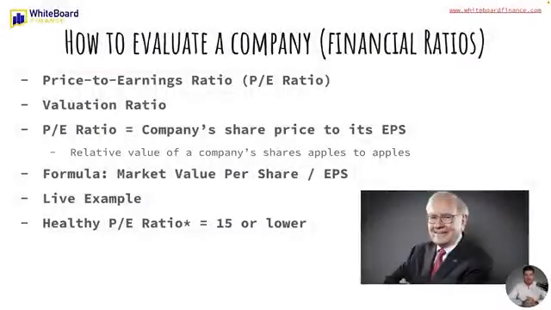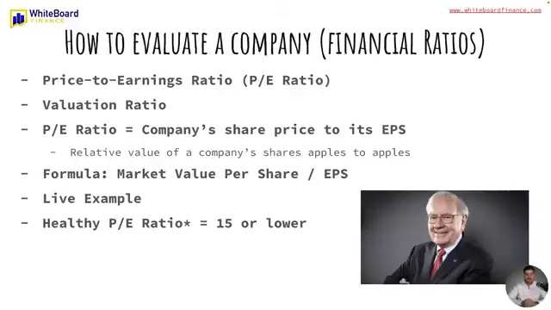So the most common ratio, which there's going to be some asterisks in this presentation, is the price to earnings ratio, okay? This is considered a valuation ratio. So a PE ratio is simply a company's share price to its earnings per share. So this is relative value of a company's shares, apples to apples.